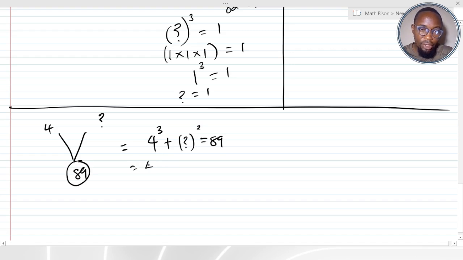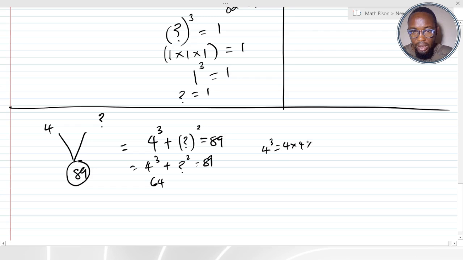But remember that 4 cubed is 4 times 4 times 4. We have 16 times 4, which is 64. If you add it to the square of this, you should have 89.